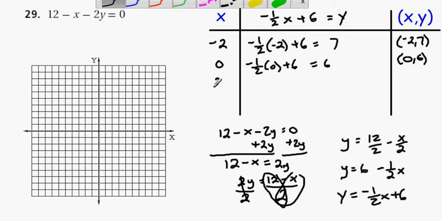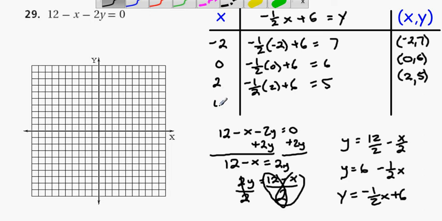Let's go ahead and do 2. So substitute 2 in for x. Okay, so a negative times a positive is a negative, and half of 2 is 1. So negative 1 plus 6 is 5. So at 2, my output, or y, is 5.